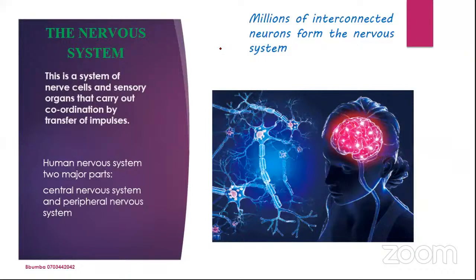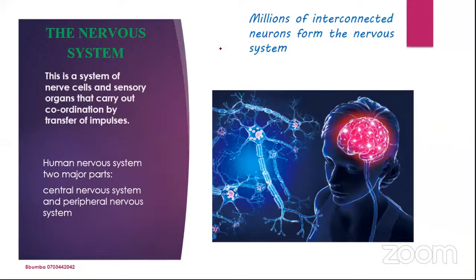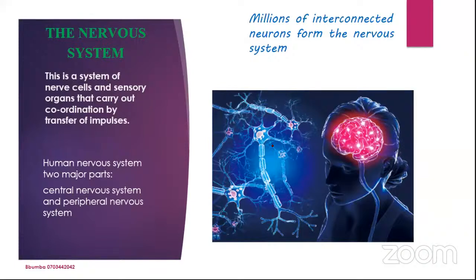Thank you, people. So now what you must know is that the nervous system that we are going to be looking at is a system of nerves and sensory organs that carry out coordination by transfer of impulses. Now, a system of nerve cells. These nerve cells are the ones which I am calling wires, that we are all wired. The brain, the whole brain system, which is inside your cranium, that is the skull, is made up mainly of nerve cells.